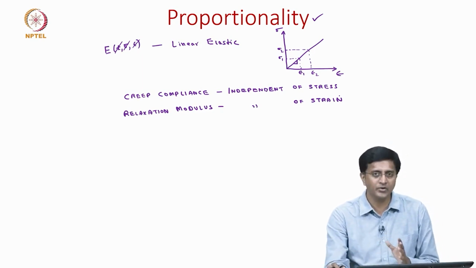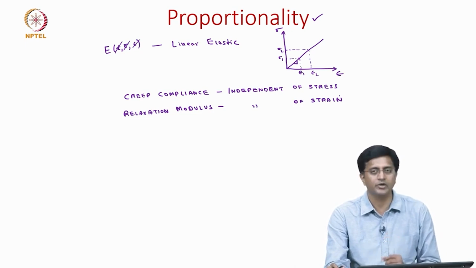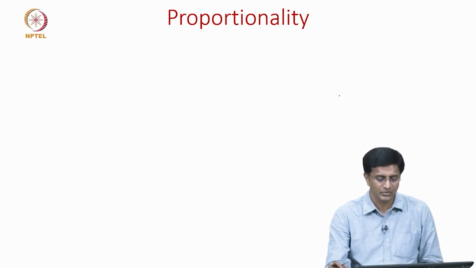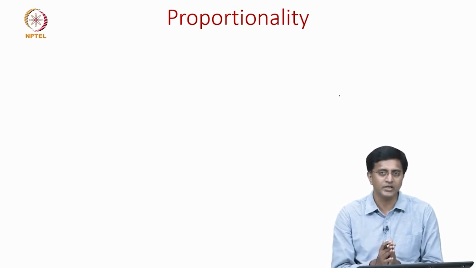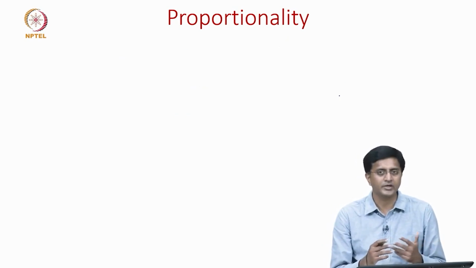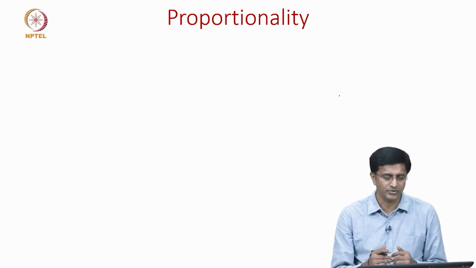Now let us carefully look at the one kind of experiments one can do to determine whether it is linear or non-linear. So for this one can do either creep load or a relaxation load, but let me start with creep loads.